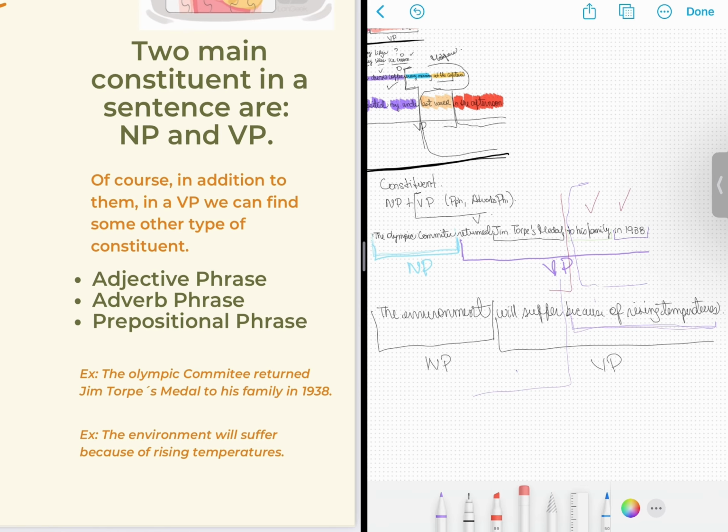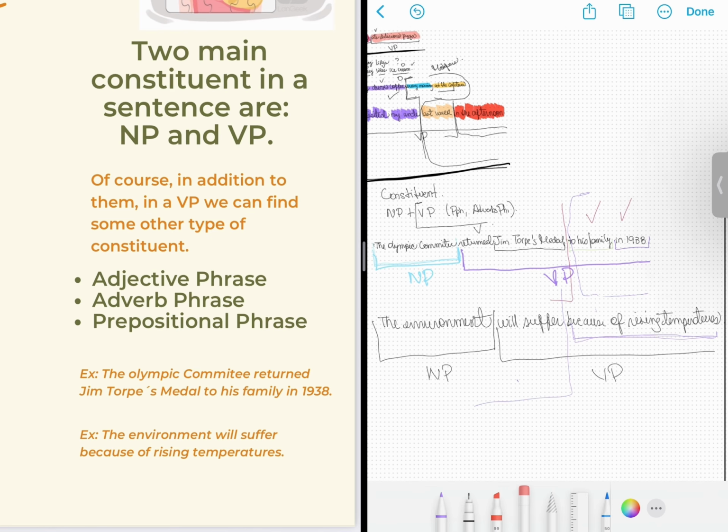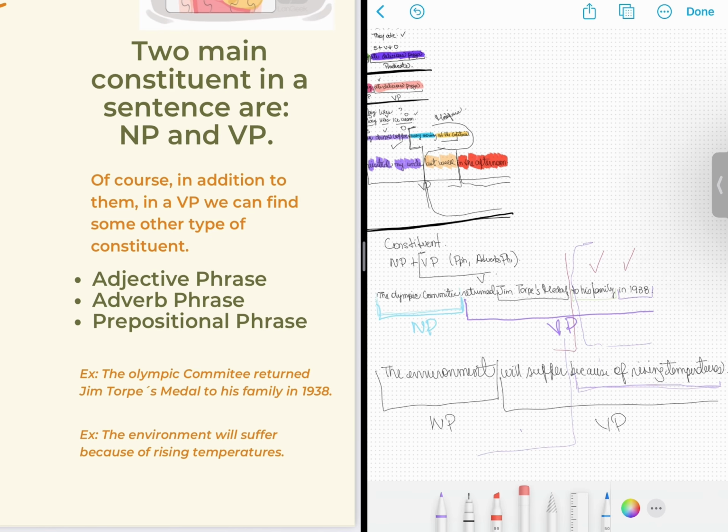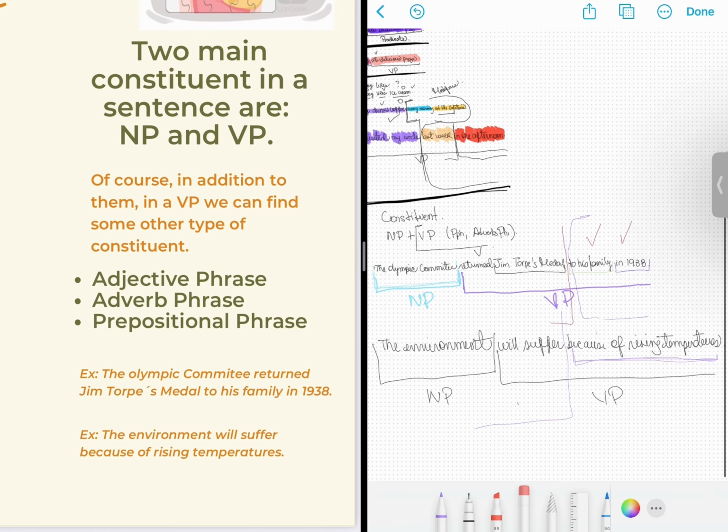So in the classroom, we are going to see different activities, and I'm going to be analyzing different sentences, for example, underlining, identifying. You should know what is MP, what is BP.